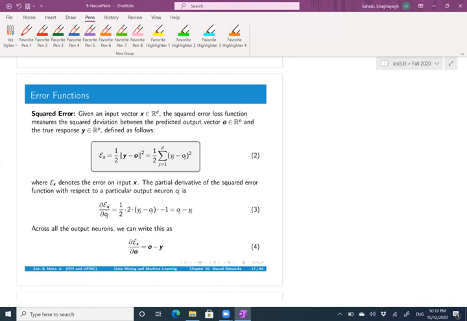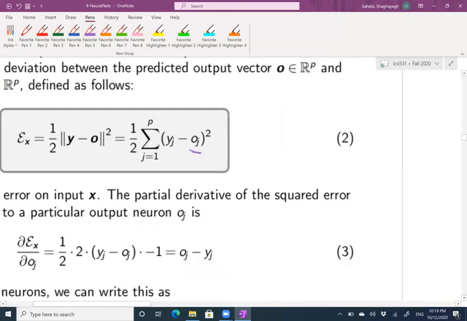So one of the loss functions that we can have is also squared error, similar to linear regression. So what we are doing here is that we can compare the output of our network, or O, with the value of our response variable in the actual data that we have. So basically we are comparing our O, the value outputs for each of our data records, with the Y for the same data record.